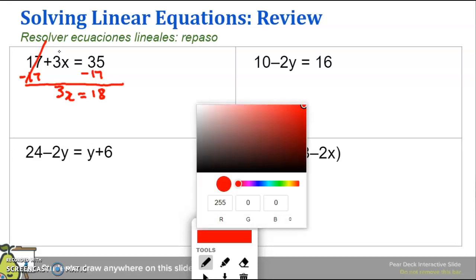Okay, and then from here you're saying, what is happening to x here? What is 3 doing to x? 3 is multiplying x, so we need to undo multiplication. How do we undo multiplication? That's going to be division. So we're going to divide both sides by 3, and that leaves us with x is equal to 18 divided by 3, which is 6.